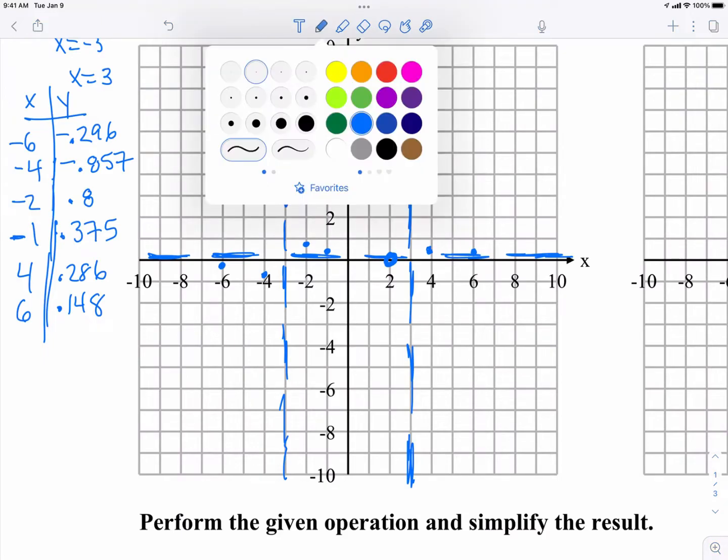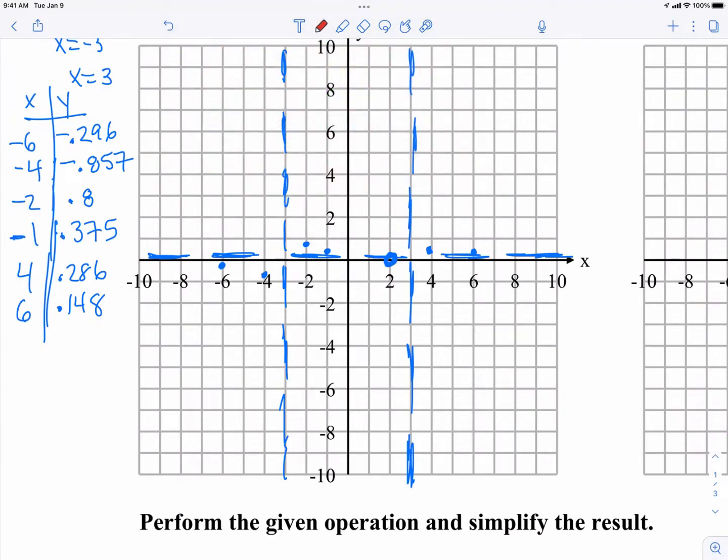When we draw our graph, we draw the curves passing through our points.